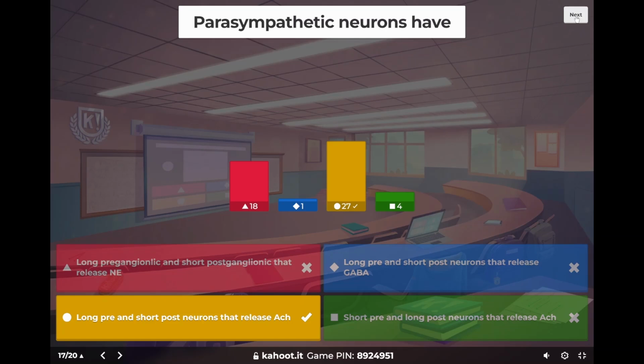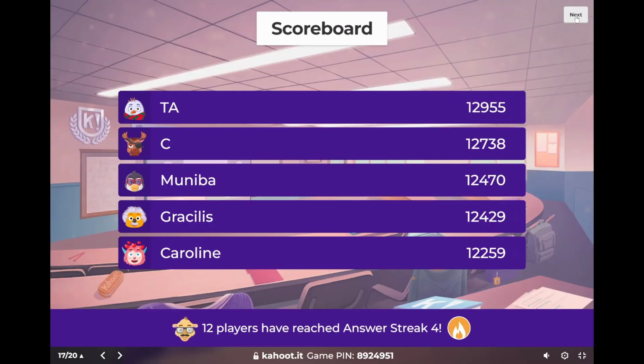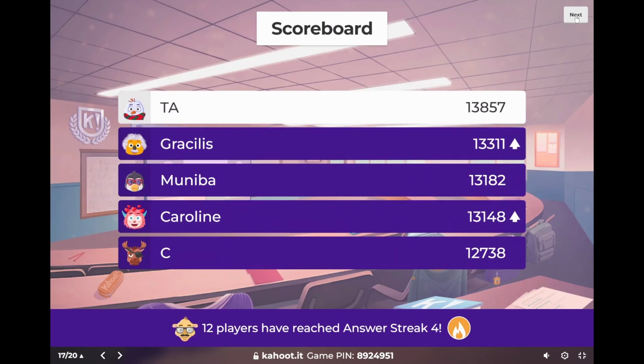So those two answers could be gone right off the bat. Now we're left with the last two. They're both acetylcholine, so we know that's parasympathetic. However, parasympathetics have long preganglionic, short post. Okay, so it's the opposite. Parasympathetic and sympathetic are opposite when it comes to how long that first neuron is before you get to the ganglion.